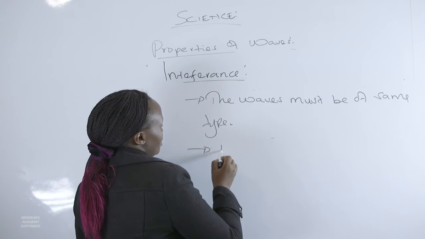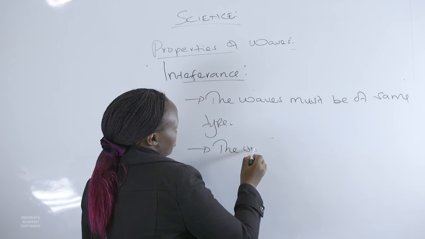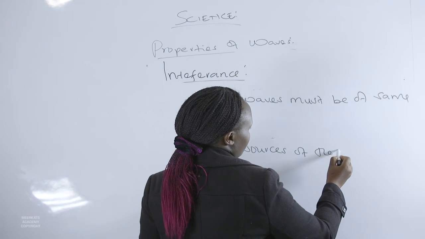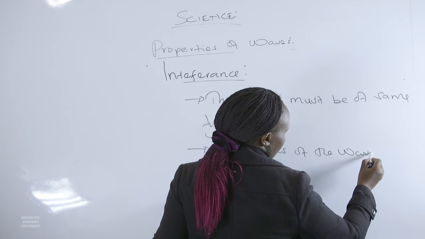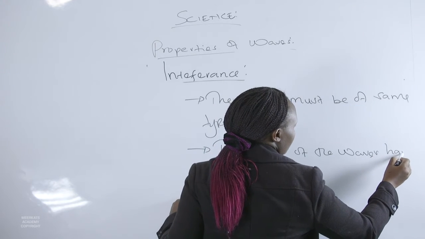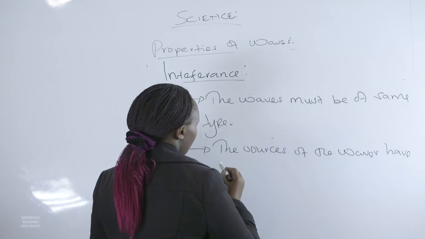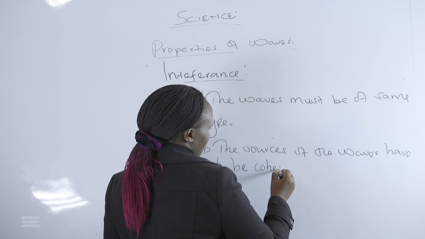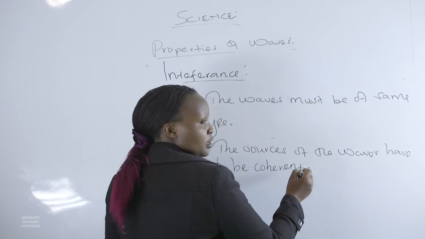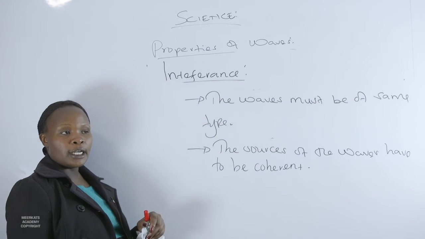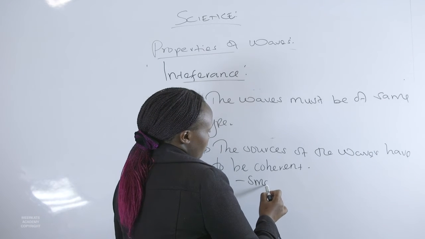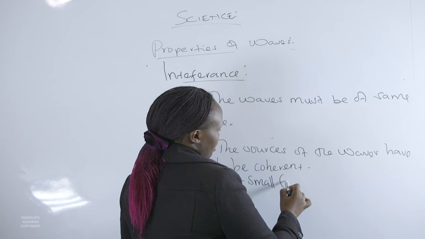Then we are saying that the sources of the waves have to be coherent. They have to be coherent, and by that we mean they should be small or even narrow.